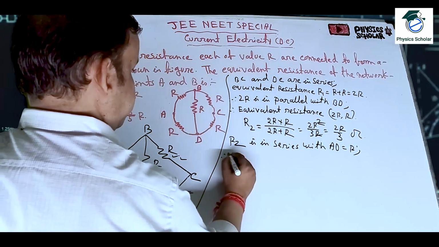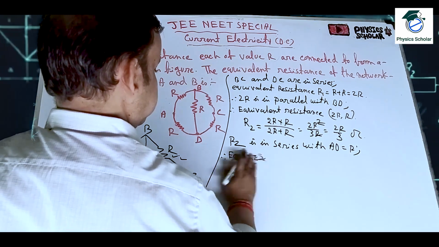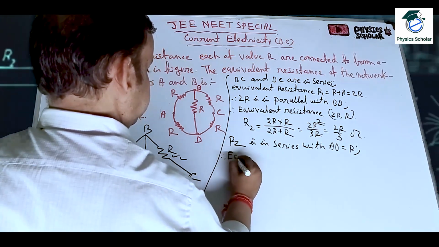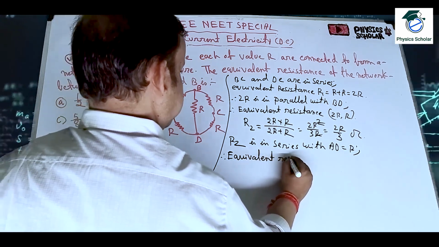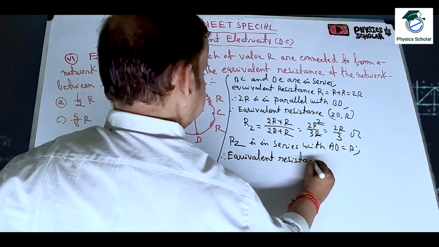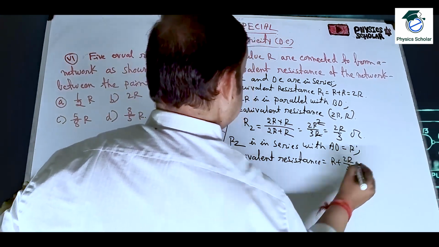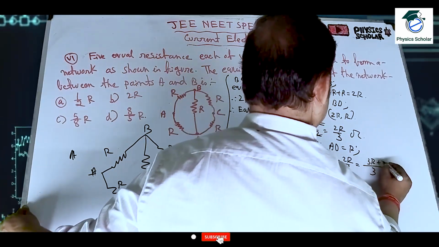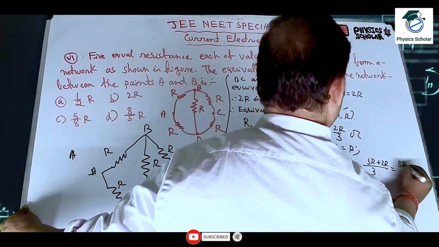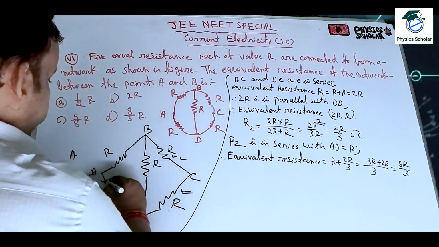So the equivalent resistance is equal to R plus 2R by 3, which is equal to what? 3 will be the LCM, 3R plus 2R is equal to 5R by 3. Clear? 5R by 3. Up to this we completed.